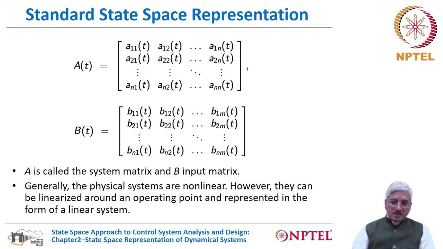And as the system is time varying, if they are represented explicitly, some or all the elements of matrices A and B will be varying with time. For example, it is written as A11(t), A12(t), etc., A21(t), A22(t), etc.